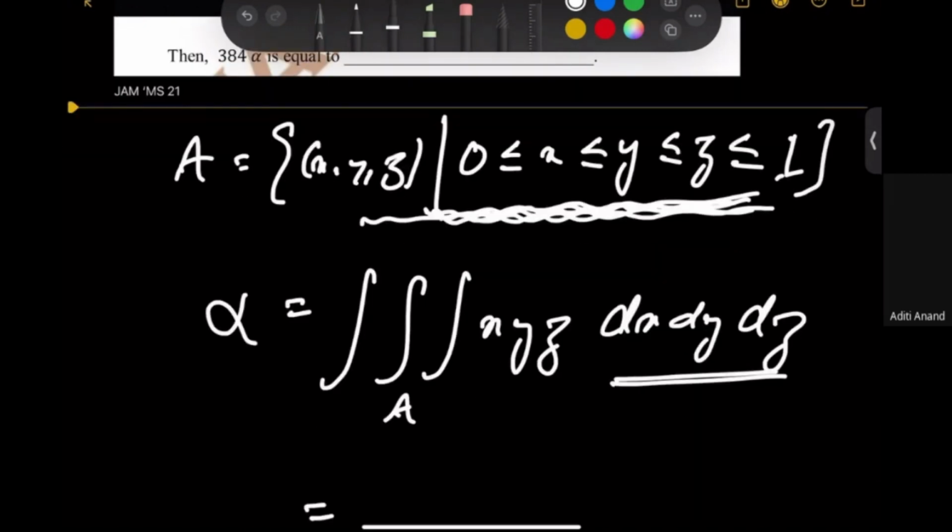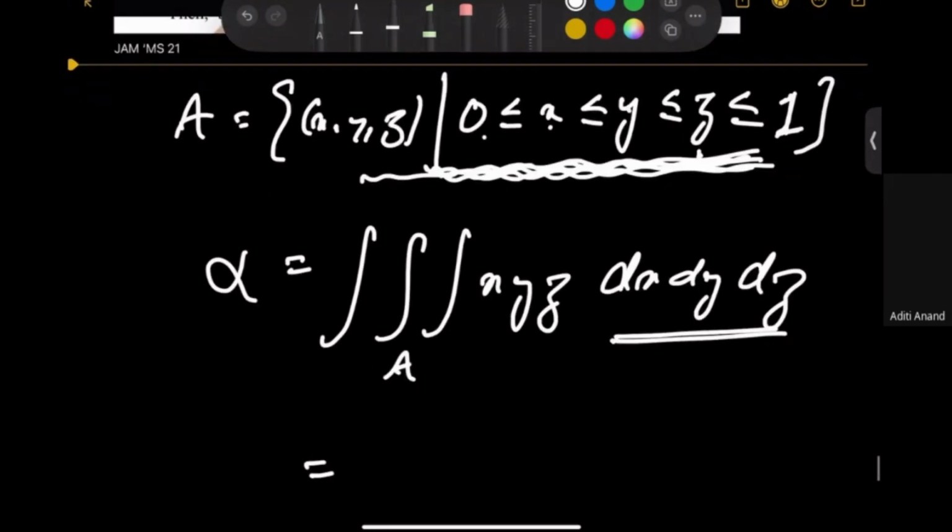If you do z, there is a problem, right? If you put z first, the upper limit we can put 1, but which lower limit do you put? Should you put y? Should you put x? Should you put 0? There is a problem with starting with z, right?